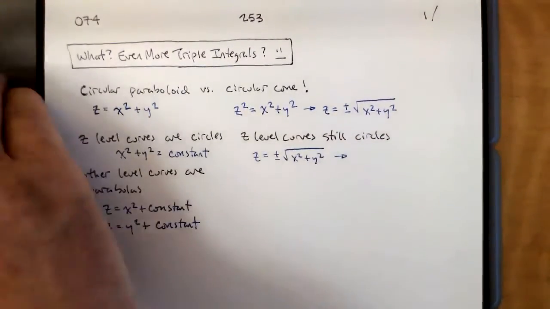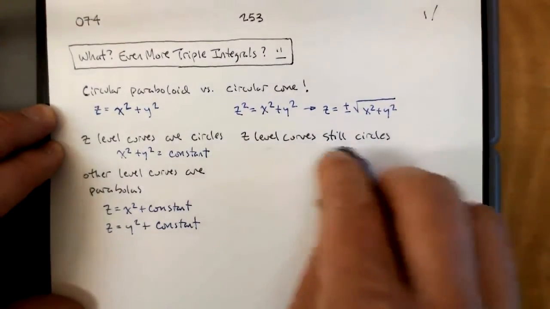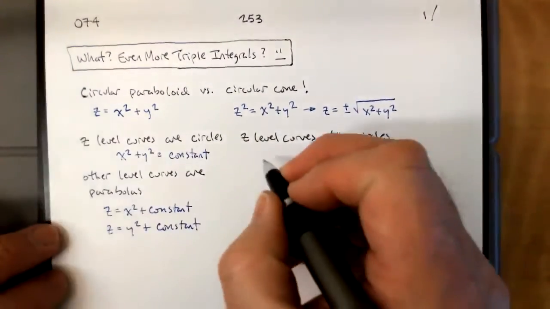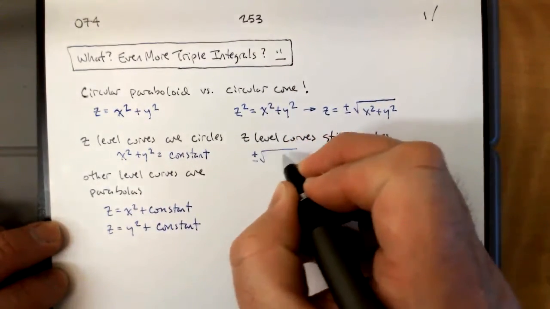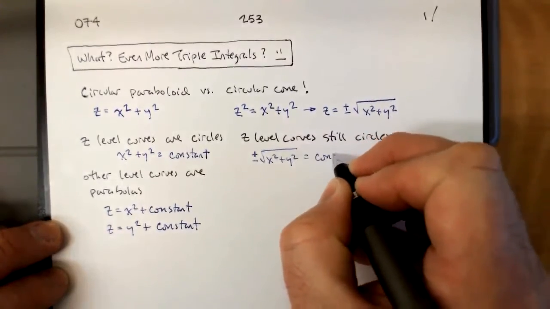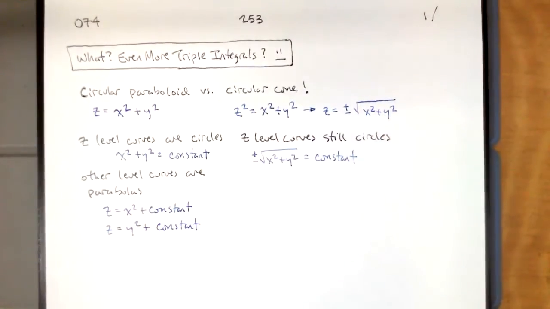If z is constant, and we square both sides, this will tell us x squared plus y squared equals whatever that constant is squared.